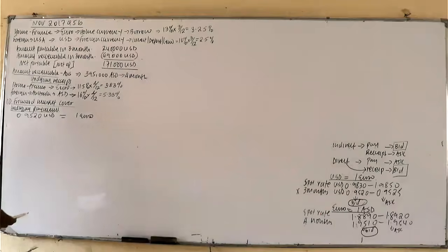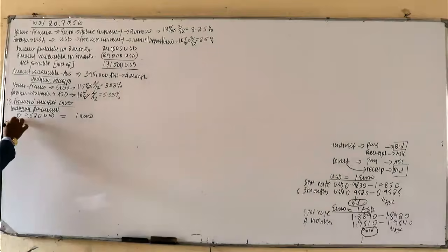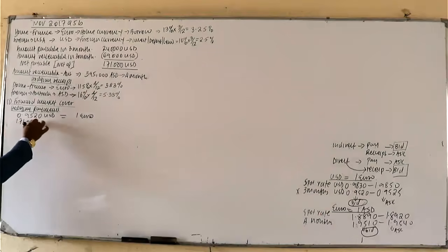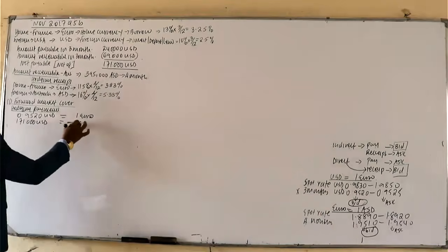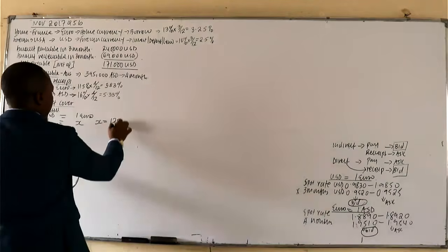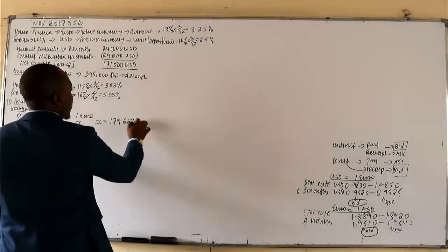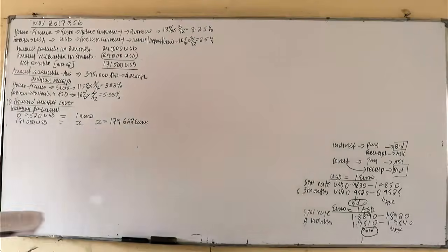And then how much are we expecting to pay? The amount we're expecting to pay is 171,000 USD. So how much will we pay in euros? It's an amount of 179,622 euros.